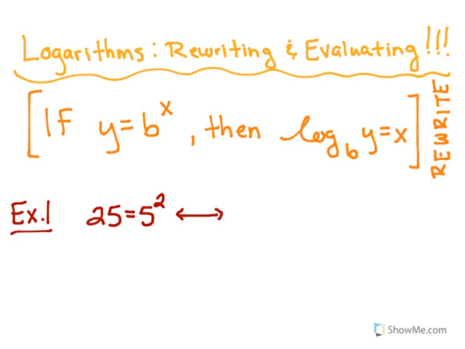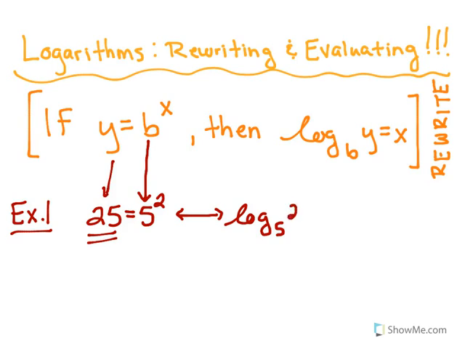So we're going to first start off doing the logarithm by writing the log part, and now we got to figure out what our base is. So if I follow my rule, my base should be right there, so it's the 5. So I'm going to write that a little bit lower than my log. The y part is looking like it's going to be on this part of my equation.